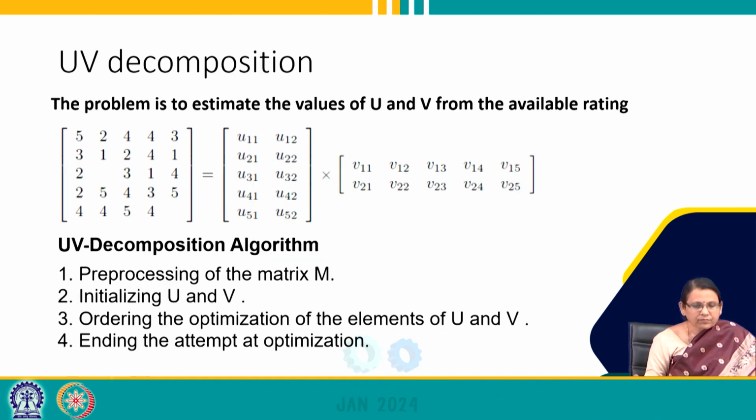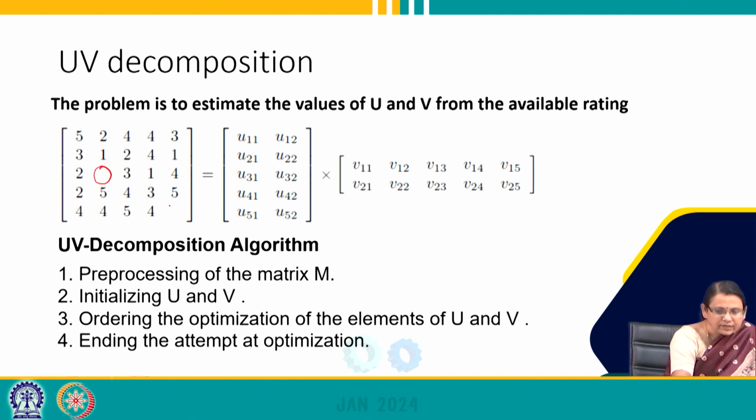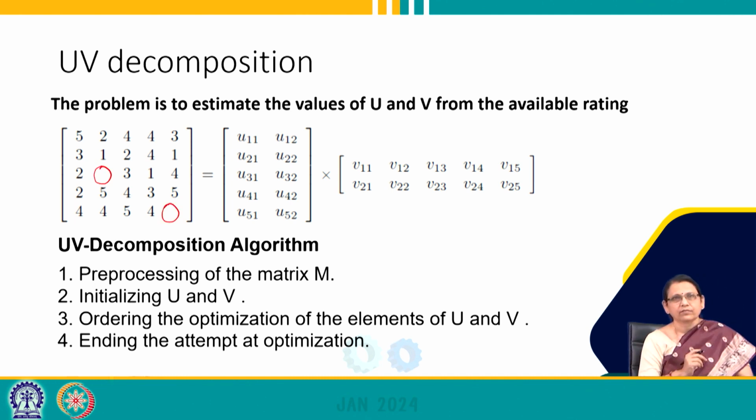Now we have a situation where, in this matrix M, this value is missing and this value is missing. In these circumstances, how do I get the UV decomposition? Of course, the formula that we saw we cannot use.